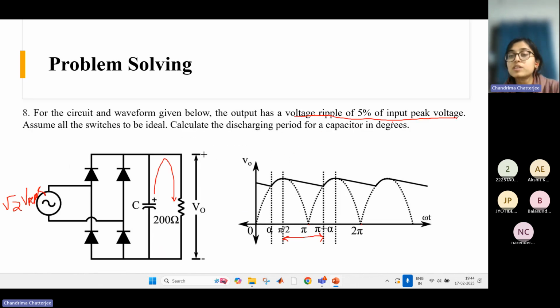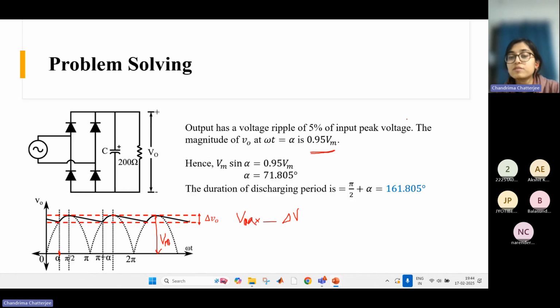Because 5% of input peak means 0.05. So if we subtract this delta V from Vmax, we will get 0.95 Vm, right? This is the point. And at this point, what is the value? That is Vm sine alpha, because this is a sine wave, right? So the expression is Vm sine theta.